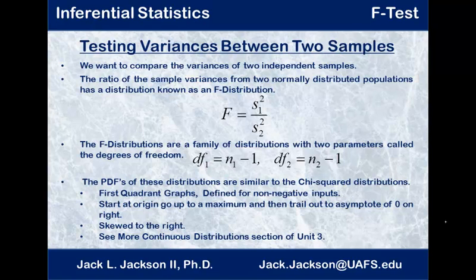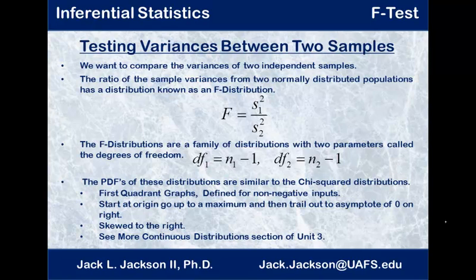And this F distribution is actually a family of distributions, and it has two parameters, again, called the degrees of freedom. We have the degrees of freedom 1, which is the degrees of freedom for our first sample, which is 1 less than the sample size for that sample. That's our degrees of freedom for our numerator. And then for our denominator, the degrees of freedom are the sample size for sample 2, n sub 2, subtract 1.